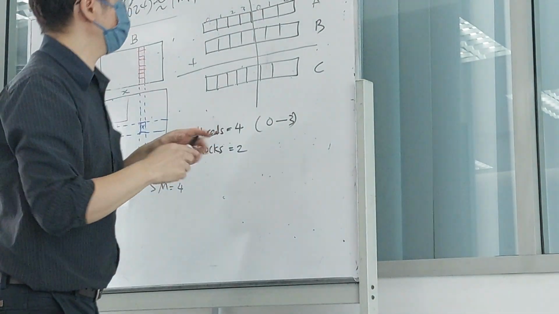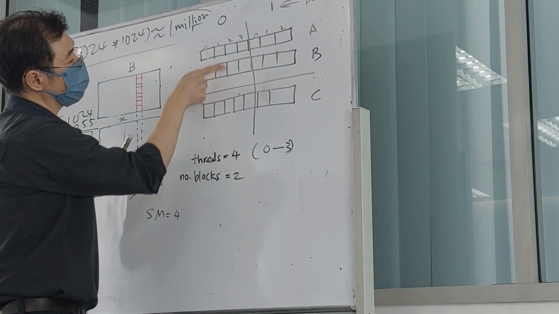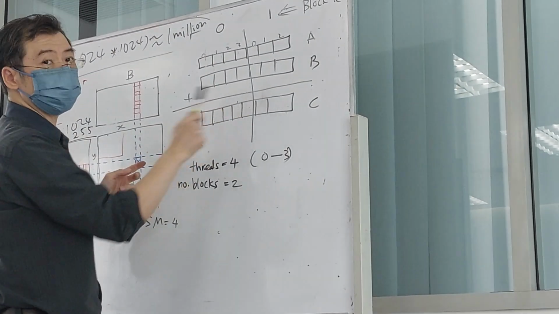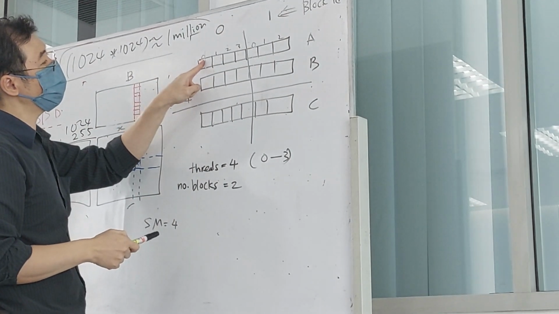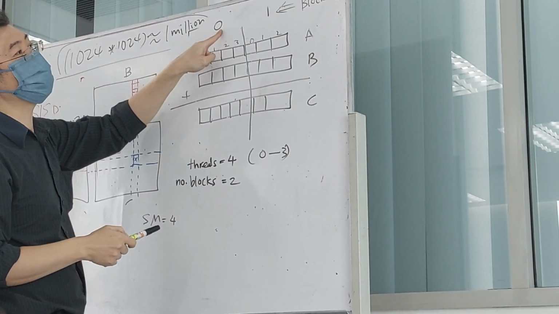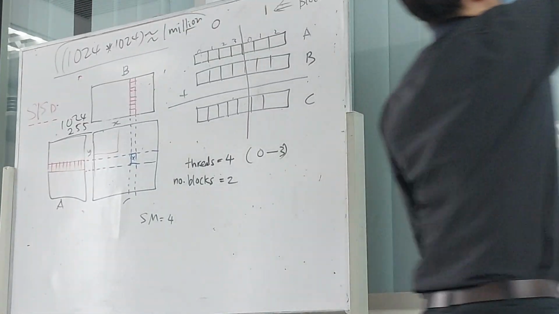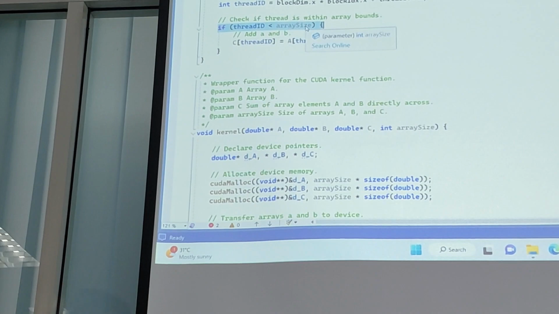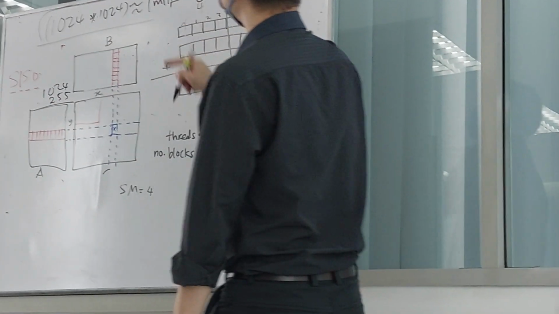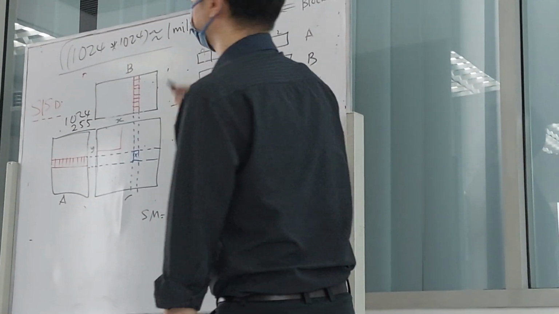Okay? Now, when I add all this, I need to calculate. For example, in this thread here, thread 0 but block 0, block 0 is multiplied by block dimension. The block dimension is 4. So 0 multiplied by 4, what do you get? 0.